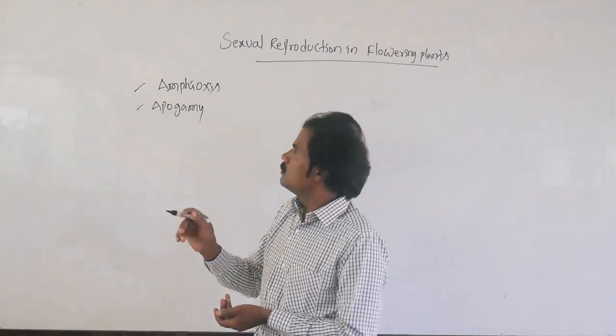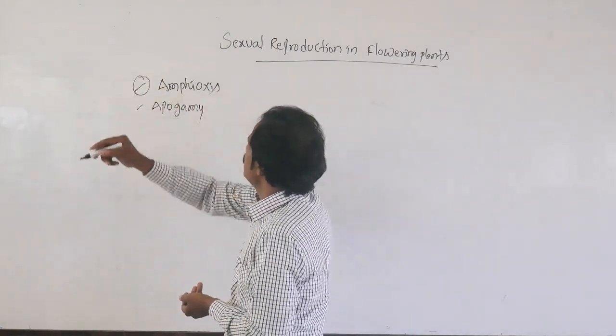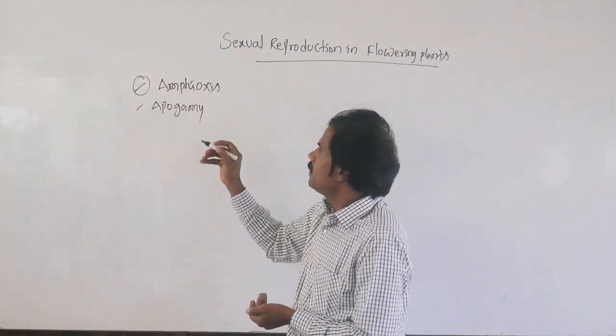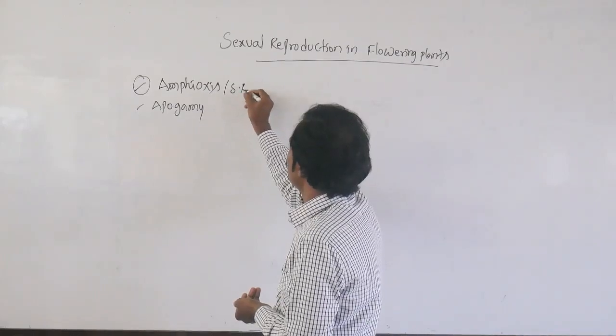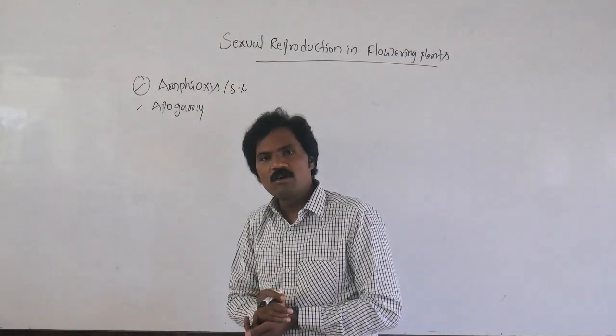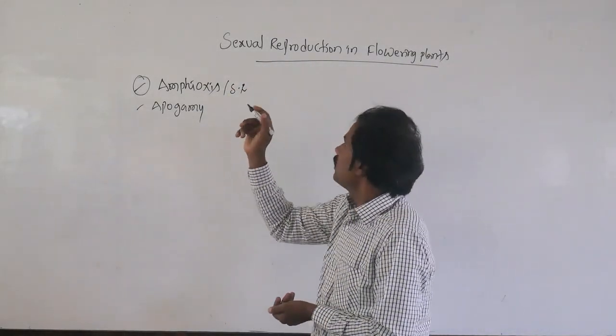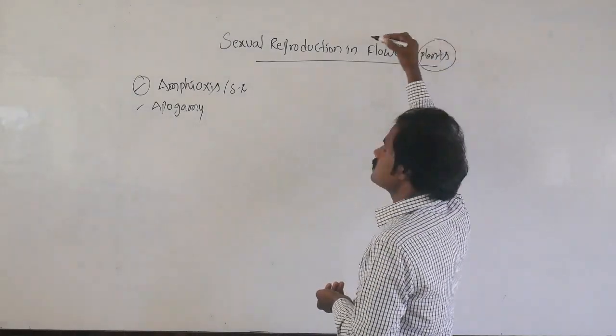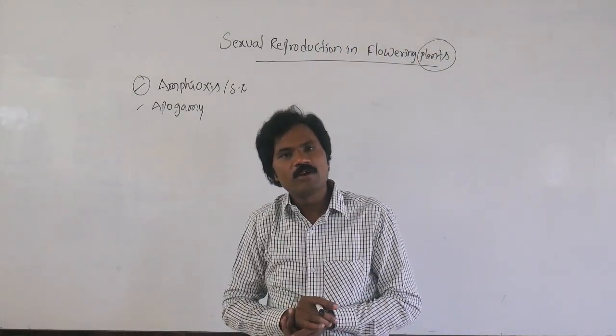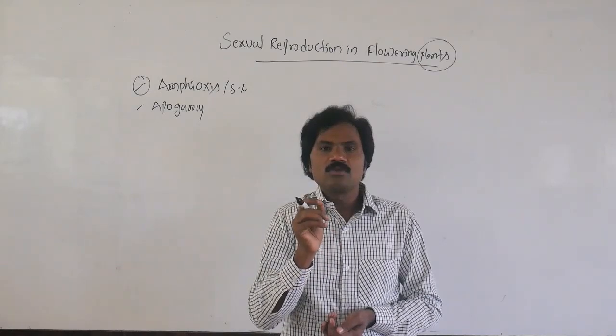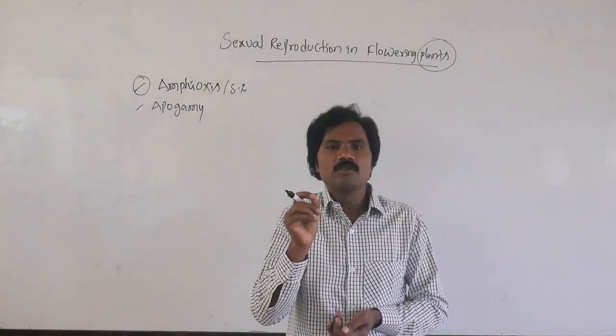Coming to the first one, amphimixis or sexual reproduction, it must involve male and female gametes. Regarding plants, what is the sexual part of the plant?